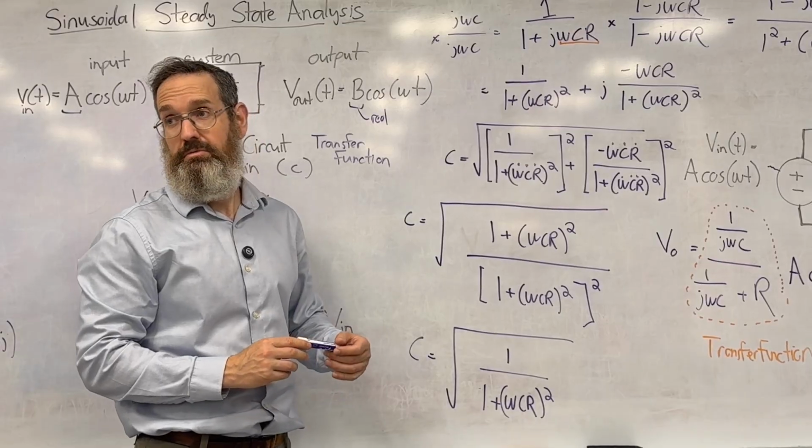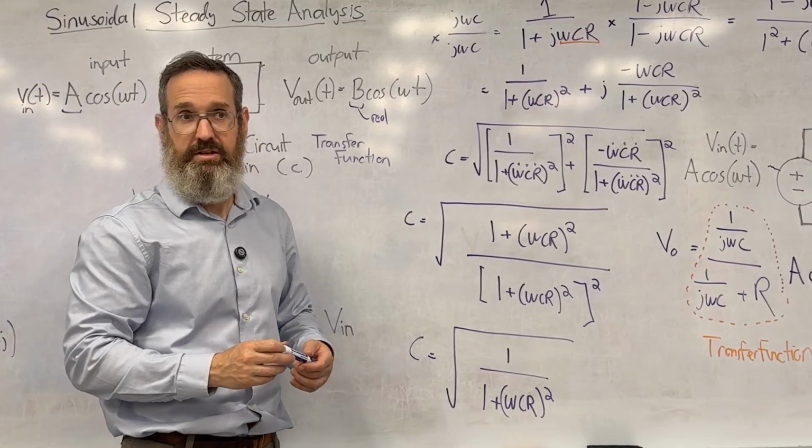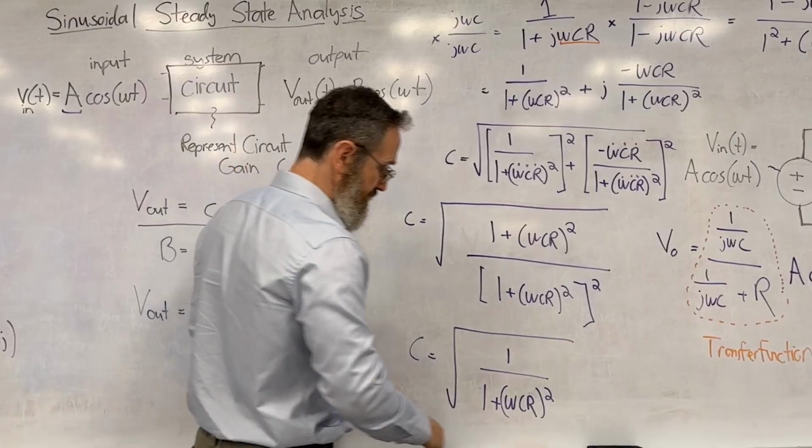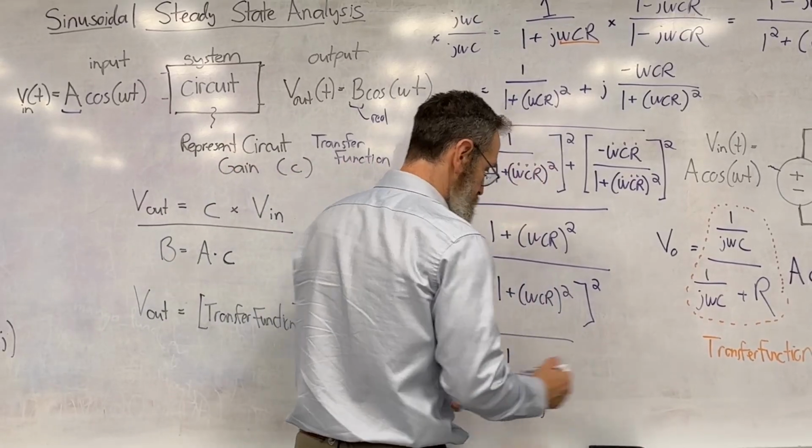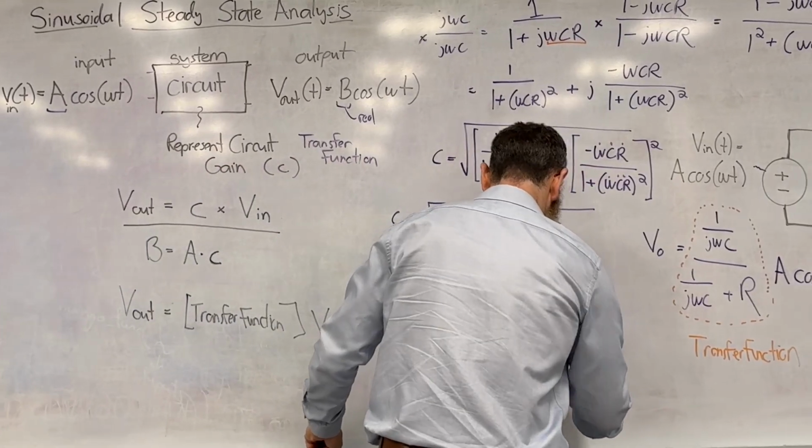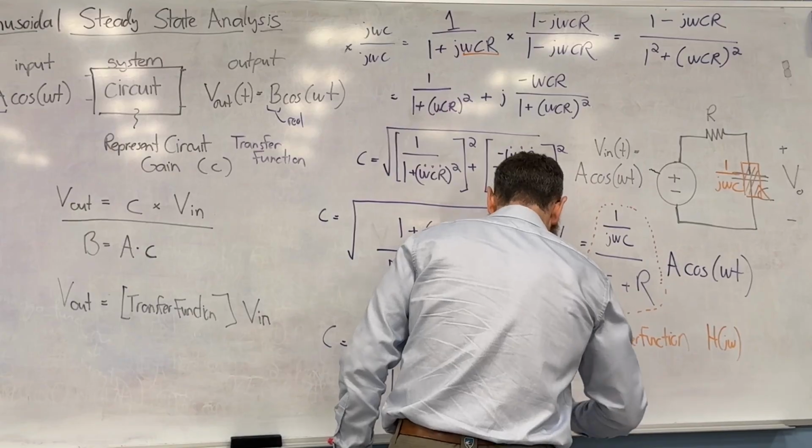Didn't just happen to. This will always happen as you see these things. And what I'm going to do is rewrite this as 1 over the square root of 1 plus WCR squared.